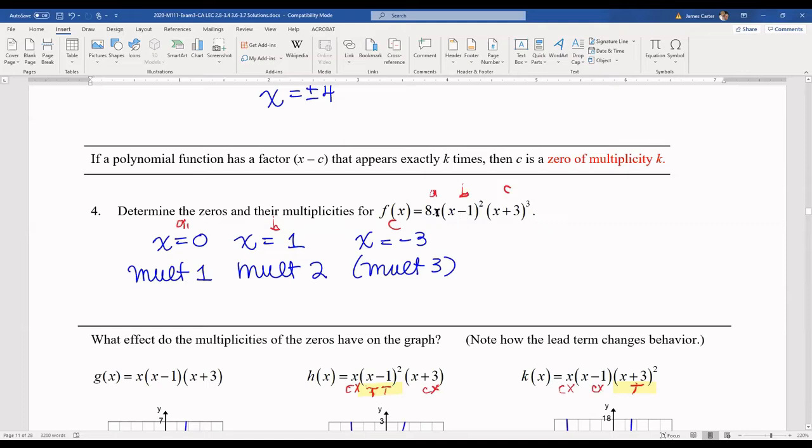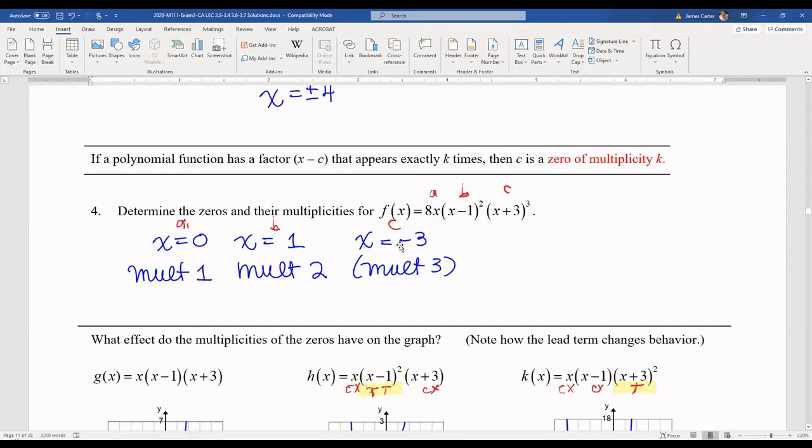Now, in this case, this one is going to produce a root of x equals 0 when you use the zero product property, okay? This one will produce x equals positive 1. This one's going to produce x equals negative 3.